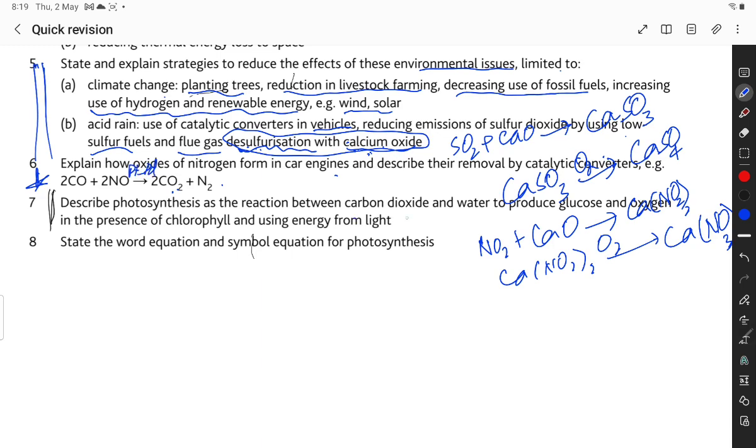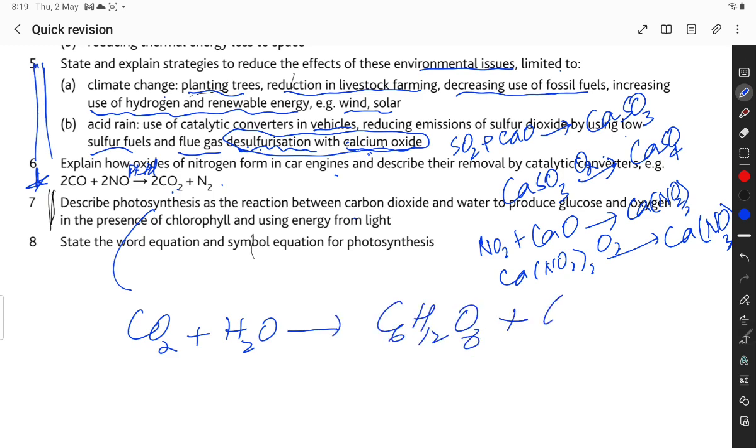Describe photosynthesis as a reaction between carbon dioxide and water. The photosynthesis reaction is 6CO2 plus 6H2O forming C6H12O6 plus 6O2. So this is the photosynthesis reaction. It produces glucose and oxygen in the presence of chlorophyll.